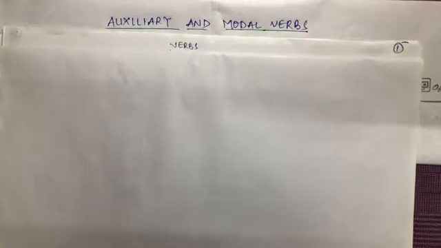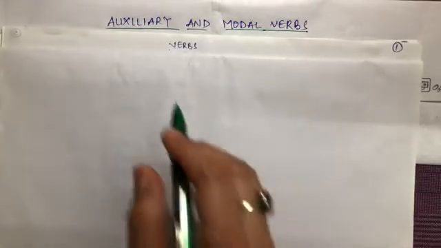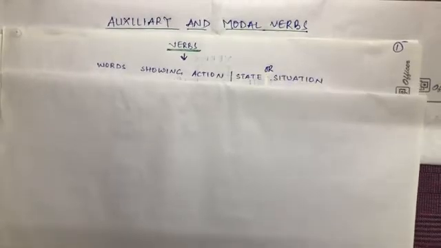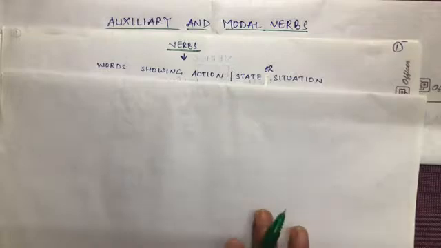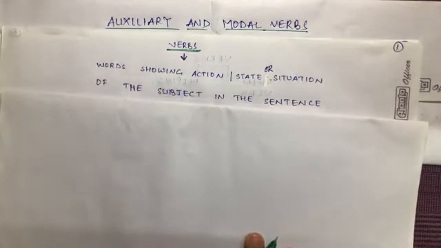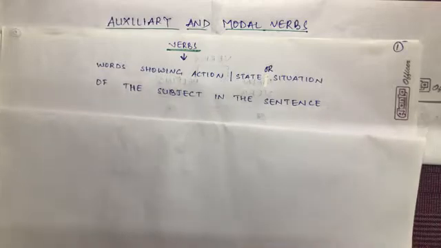So let's see. First, let's recapitulate what verbs are. Verbs are action denoting words. The words that show the action, state or situation of the subject in a sentence are known as verbs.